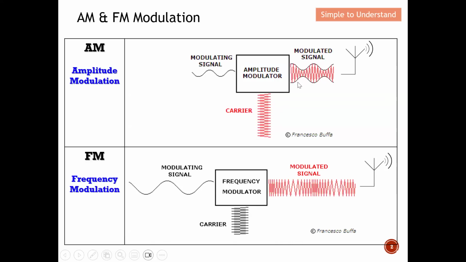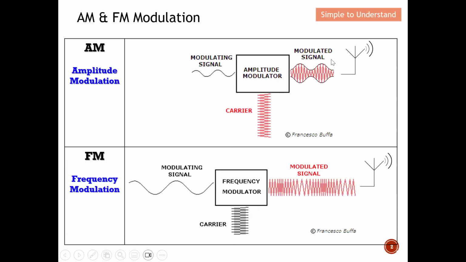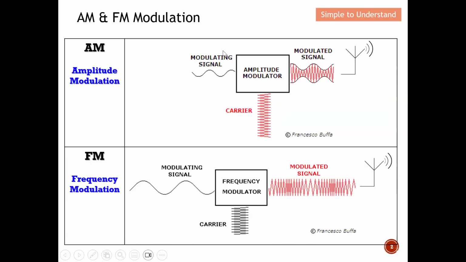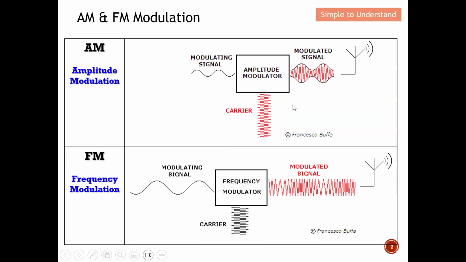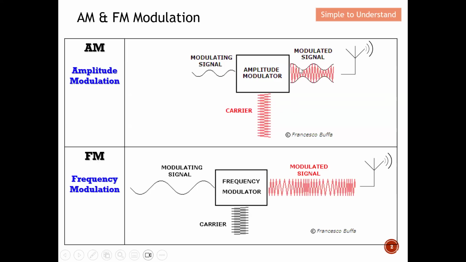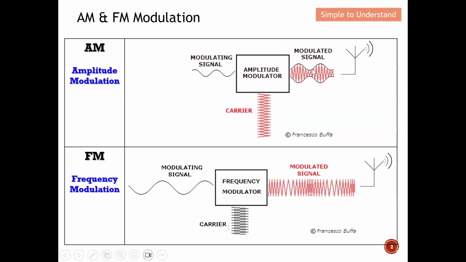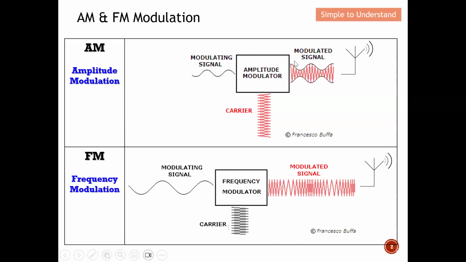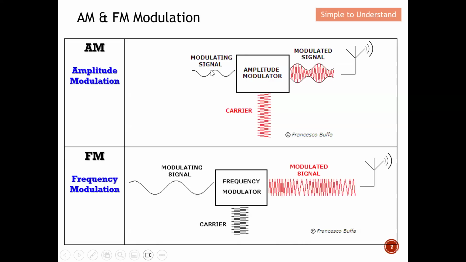What is a modulated signal? In short, a modulated signal is basically a combination of the modulating signal and the carrier. You can see that for the modulated signal, for amplitude modulation, the amplitude of the modulated signal actually changes according to the modulating signal.